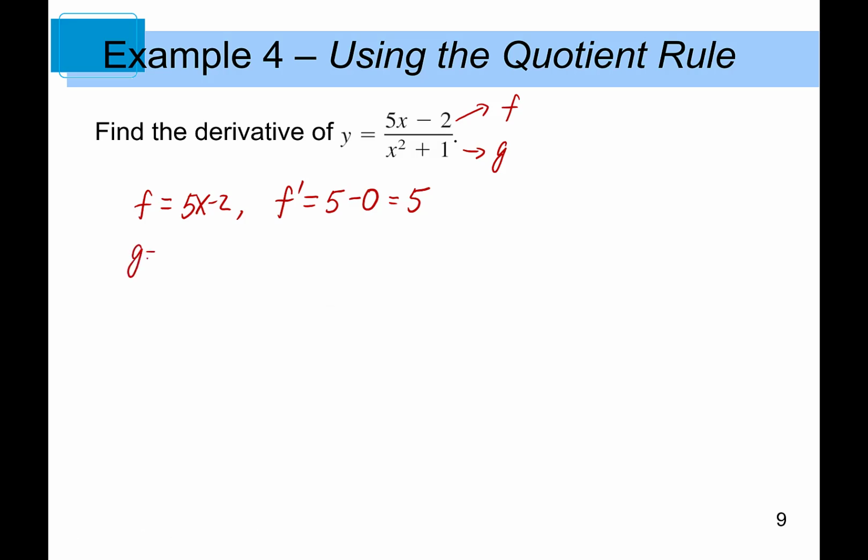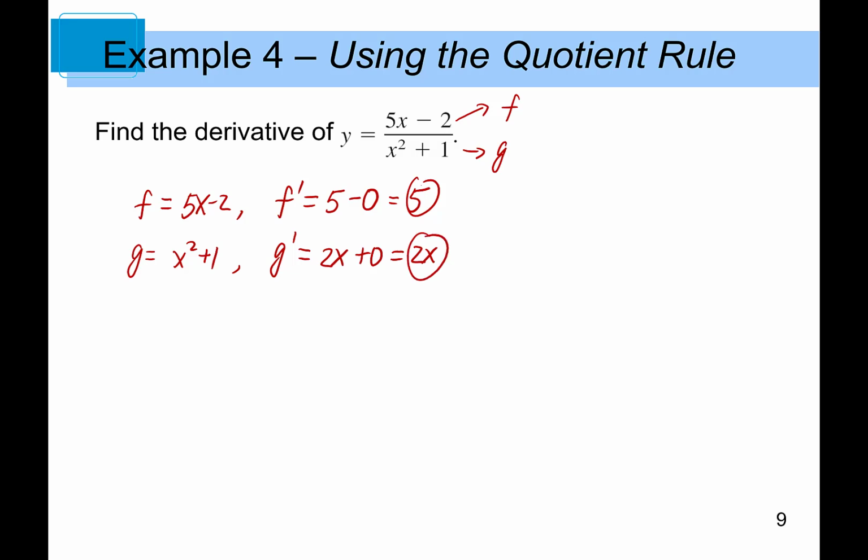g equals x squared plus 1. g prime: the derivative of x squared becomes 2x, and the derivative of plus 1 becomes 0. So g prime is 2x.